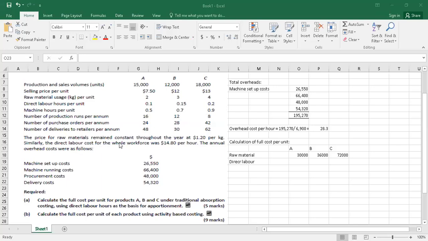The price for raw material remained constant throughout the year at 1.20 per kg. So the requirement is this many kgs, 2 kgs into 50,000, and we also have the cost per kg of raw material. So it will again go into 1.2.